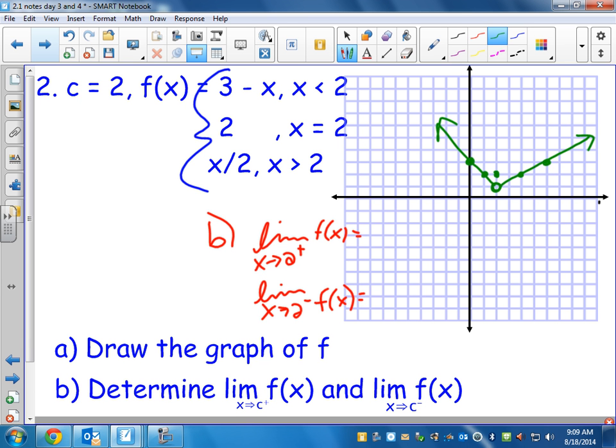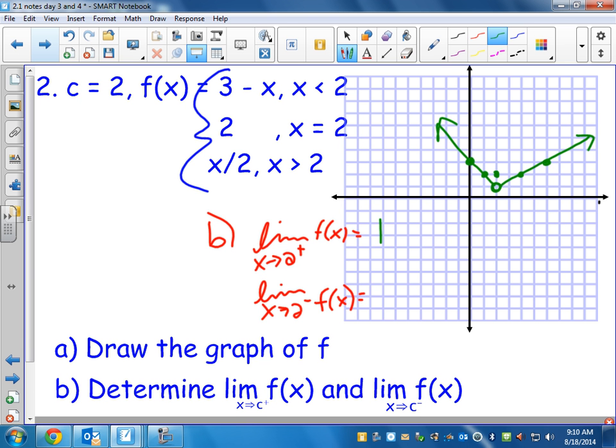So again, coming in from the right, coming in from the left, of 2, all right? So at 2, coming in from the right would be on this side, yes? This would be to the right of 2. And again, you're just asking yourself, there's not really any work to show, what's happening as I get closer and closer to 2? And the answer is the y value is approaching 1.